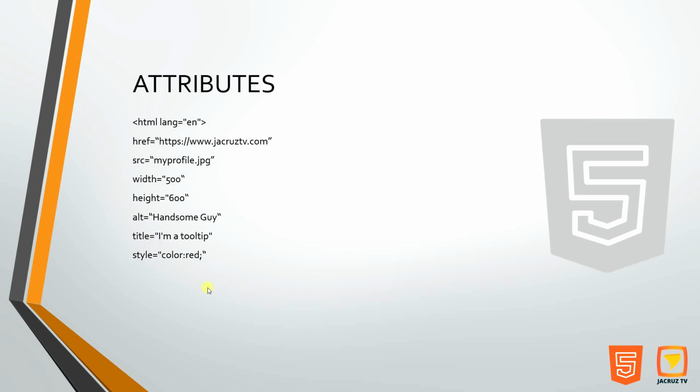Okay, so next is attributes. What are attributes? Attributes are used in HTML to put some properties on our elements. For example, if you are familiar with the tags that I showed you before, like the HTML tag, we can use an attribute, for example lang, which stands for language.